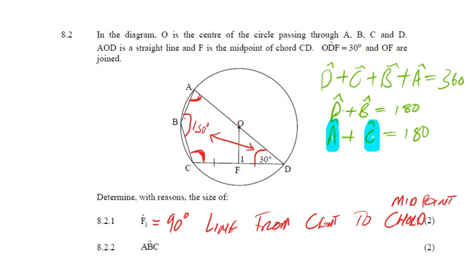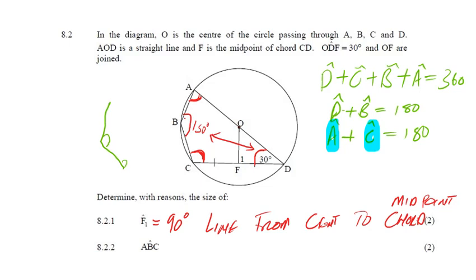Then now let's go. You are saying B and C, they are supplementary. What about A? Because they are in one line, going through the points. So if you are saying this and this equal 180, I need to know why.